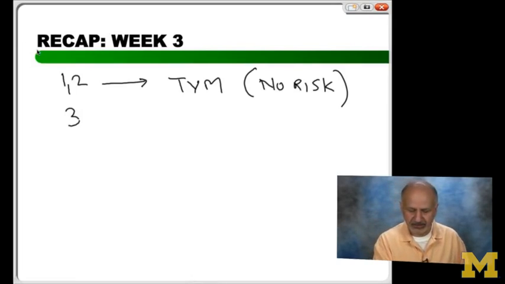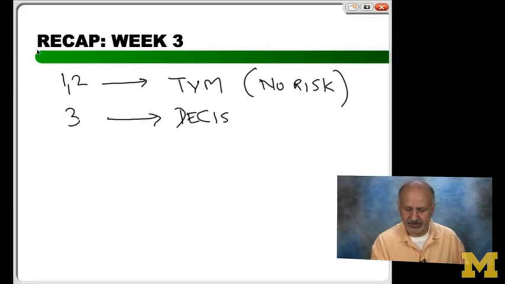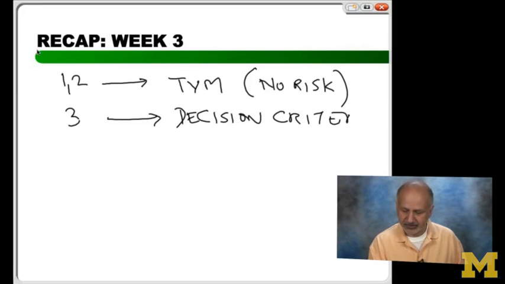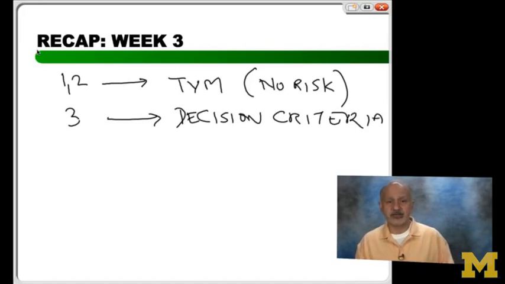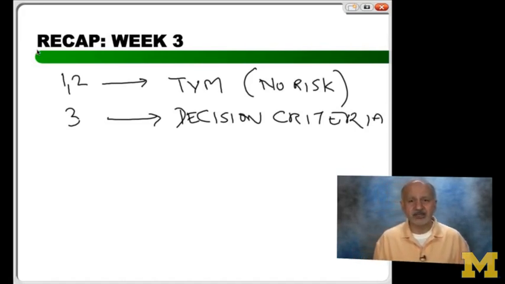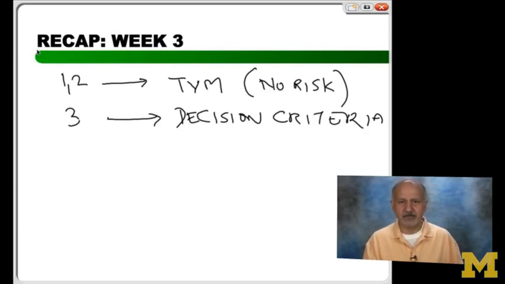The third week recap: we started talking about decisions and how to make them. We talked about decision criteria, and we basically spent a ton of time introducing criteria, doing examples, introducing another one, doing examples, and so on.